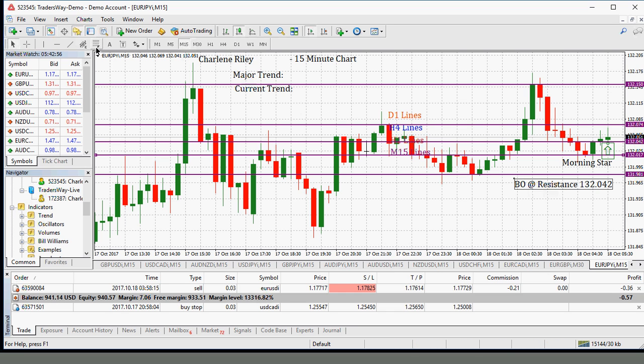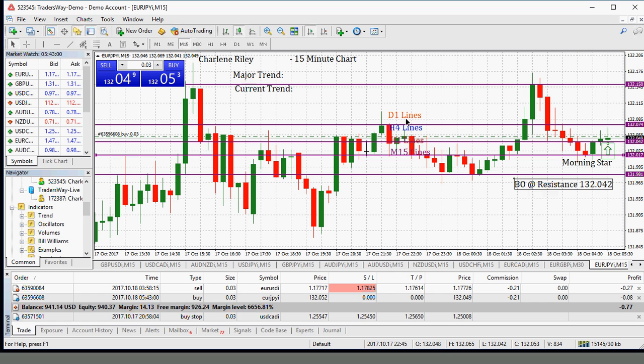So there, and then I would say I'm going to buy, and just to see how it's just above this line of support, line of resistance, where I had the breakthrough at resistance 132.042. So that's what caused, because I had this morning star and the breakthrough of resistance. That's why I entered into this buy.